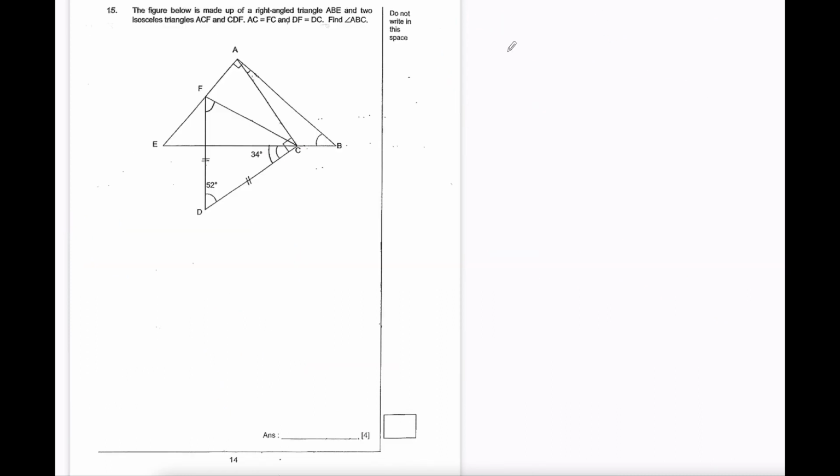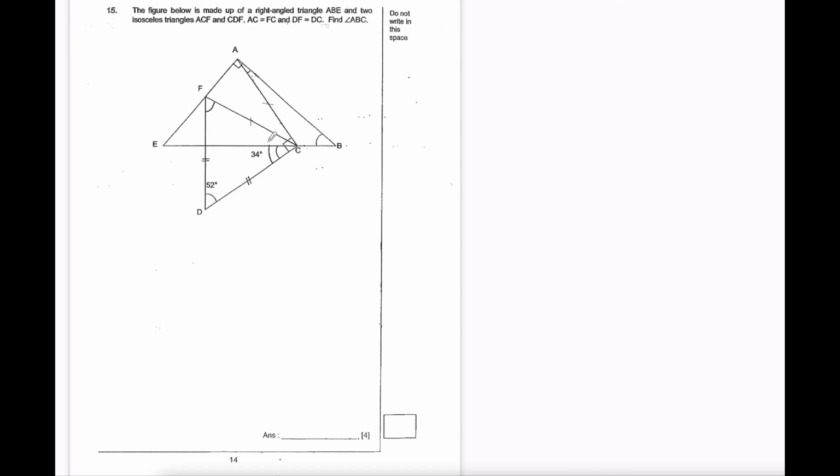Question 15. The figure below is made up of a right-angled triangle ABE, the right angle is here, and 2 isosceles triangles. This is isosceles, ACF. And CDF is this.